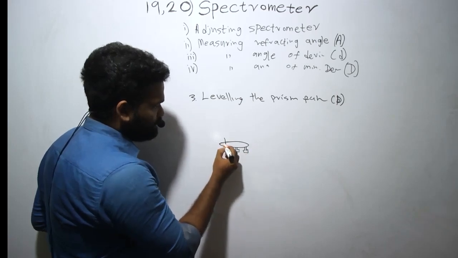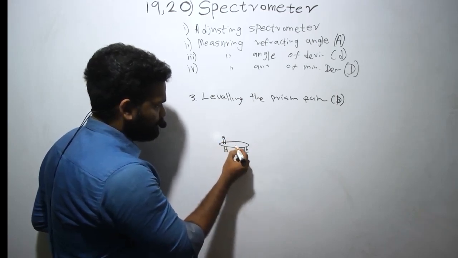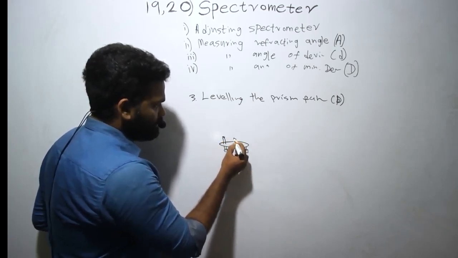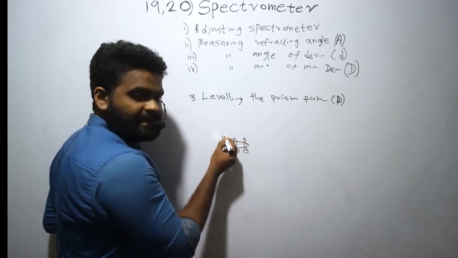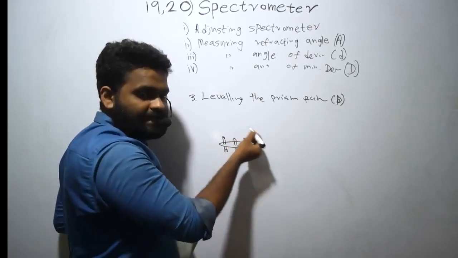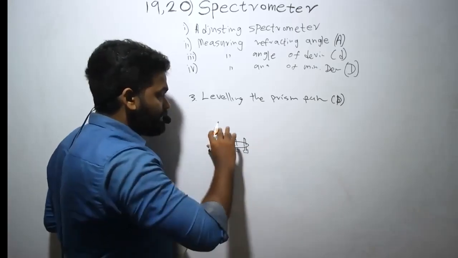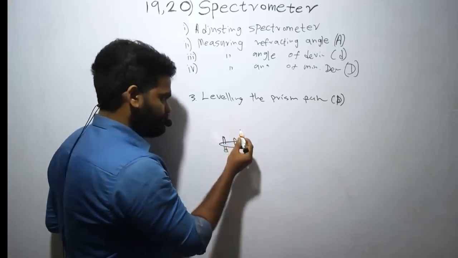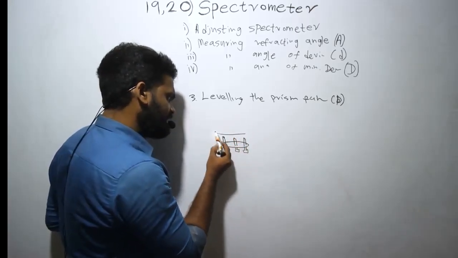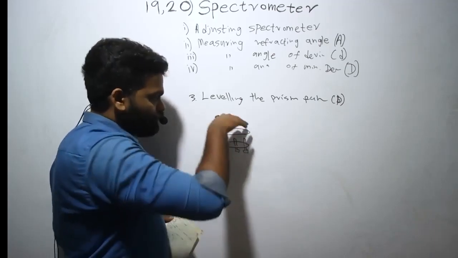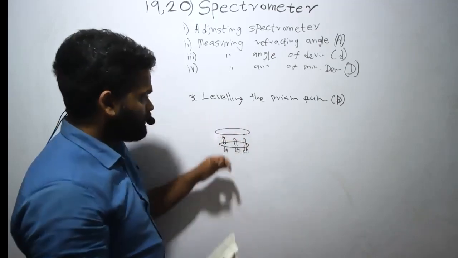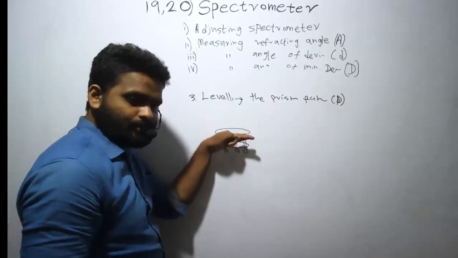They go through here and come out like this. So these points of the screws are in an equilateral triangle. Then above this, there's another circular plate. So you can place this plate on those screws.